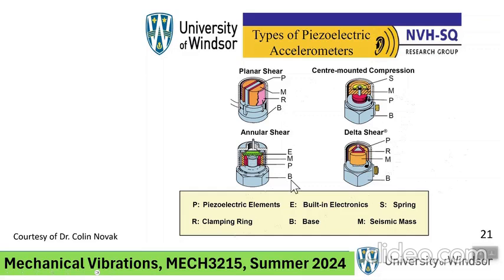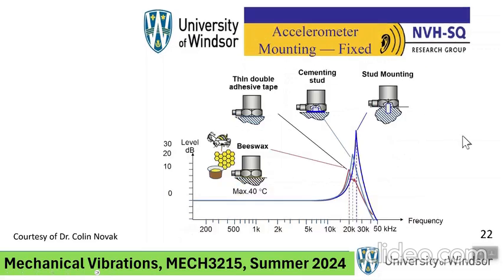I'm not an experimentalist. I'm not in the business of designing these things, but it is important for us to know some of the variety of different piezo transducers that come in.